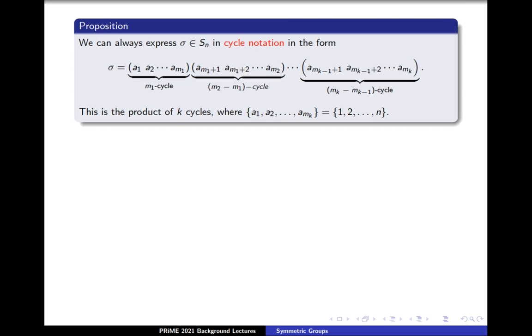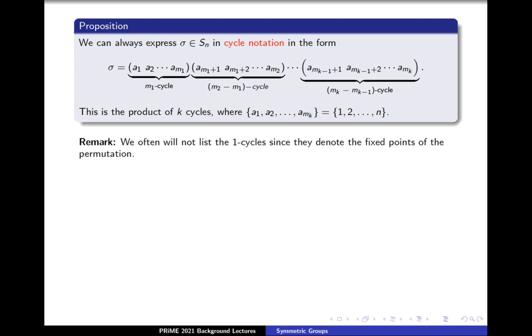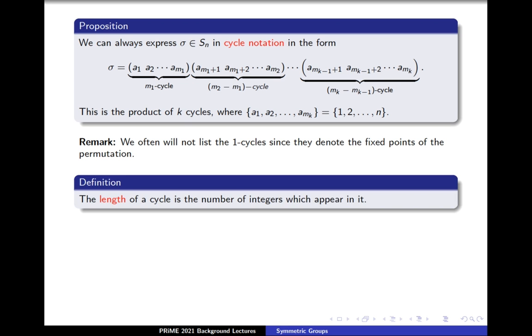In fact, we can always express any permutation in Sn in cycle notation. So we'll have all of the numbers equal to the set of all the numbers from 1 to n. However, often in these cycle notations, people will not list the 1 cycles since they denote the fixed points of the permutation. And whether they're listed or not, we still know what's happening.